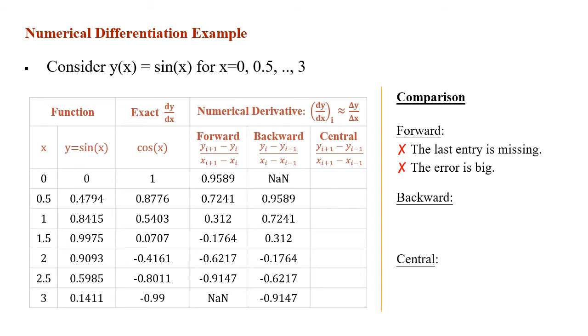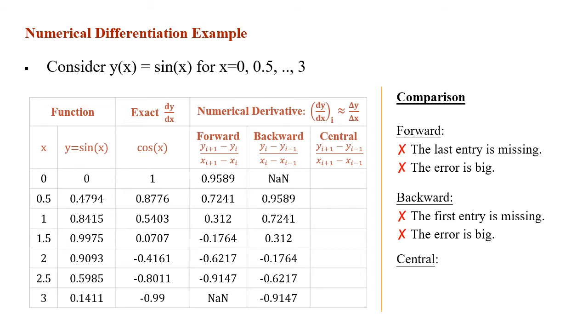So we can say that the disadvantage of the backward difference derivative is that the first entry is missing. And another thing, if you compare the forward with the backward difference derivative, you will observe that the values are exactly the same, except they're kind of shifted, up or down, depending on whether you're talking about the forward or the backward difference derivatives. So since the values are the same, it means the error is still big.